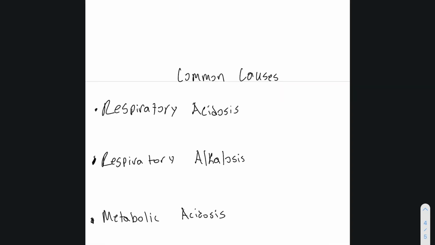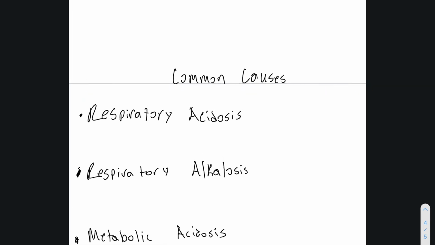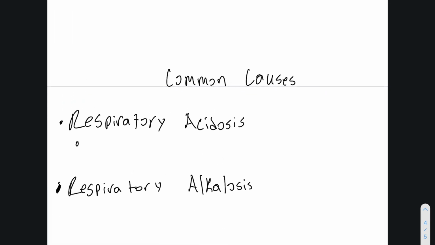All right, guys, let's get into some of the common causes for some of these pathologies. So, respiratory acidosis. What would be a normal cause of this? Well, mainly, anything that's going to cause you to hold on to CO2 is going to cause respiratory acidosis.